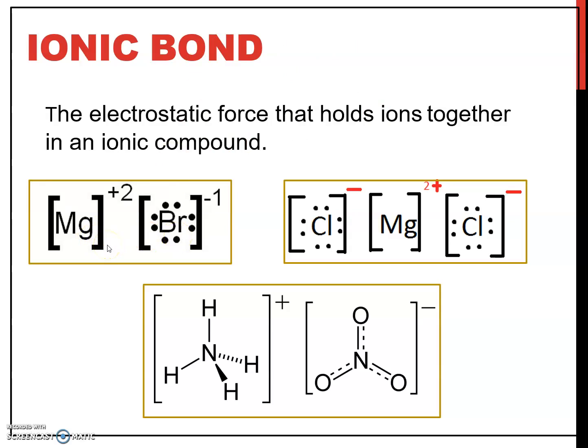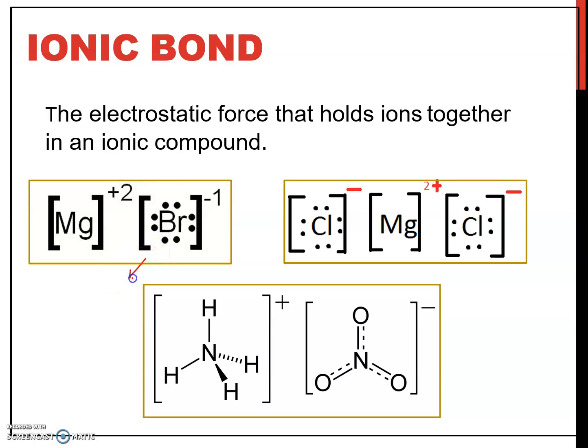Usually from 2 atoms, one of the atoms is from a metal, which has low ionization energy, meaning it easily releases electrons. The other atom comes from a non-metal, so it has a tendency to attract electrons.